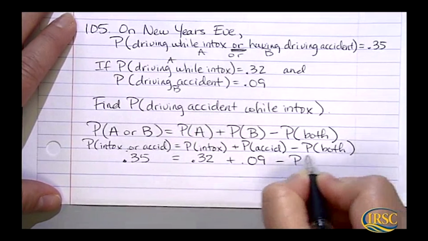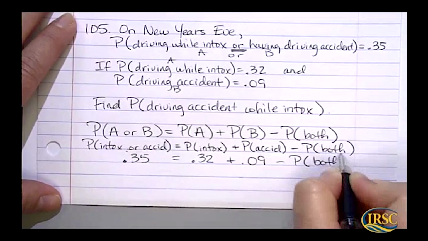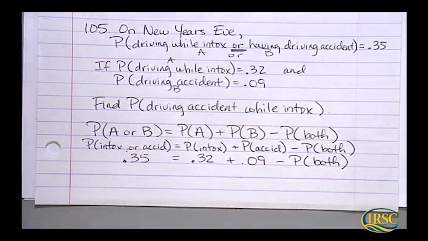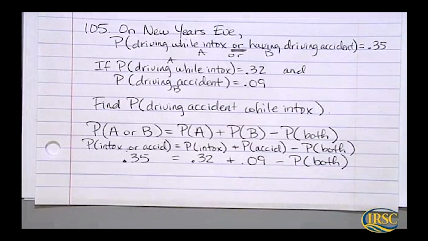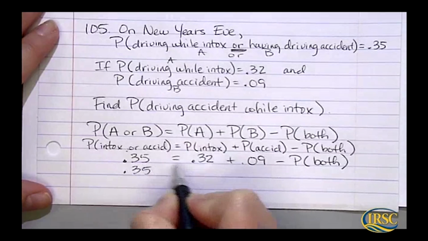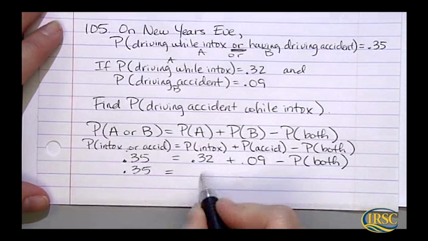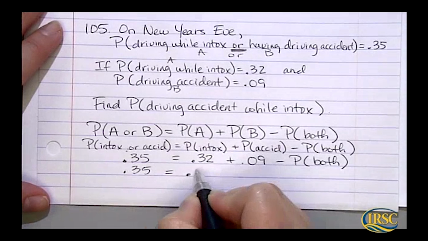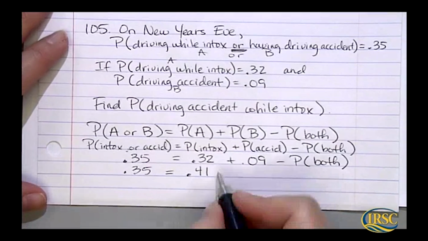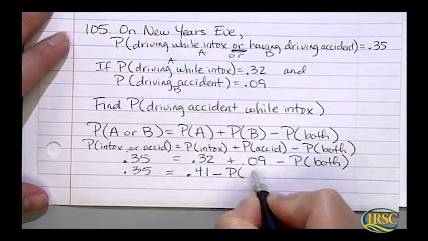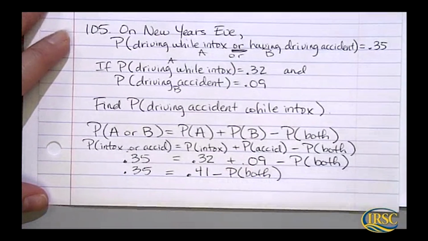And so we're looking for the probability of both. All right, we'll go ahead and add these two numbers together, get our like terms together. So 0.32 plus 0.09 gives us 0.41. Minus the probability of both.